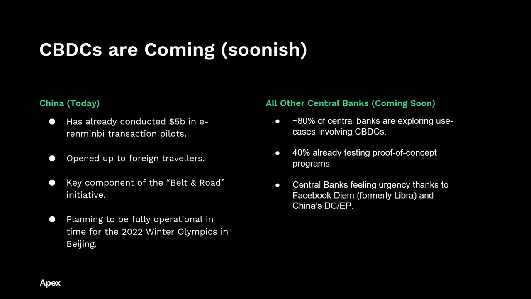This other column is what the rest of the world is doing in response to what's happening in China. And you see this other market force, which is concretely Facebook's Libra. But I think the idea of Libra is actually what has central banks moving. There may be more Libras.